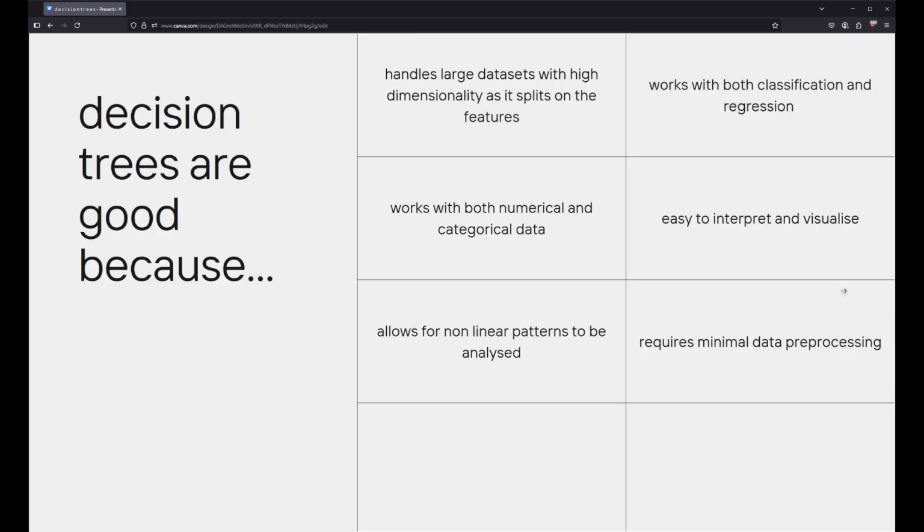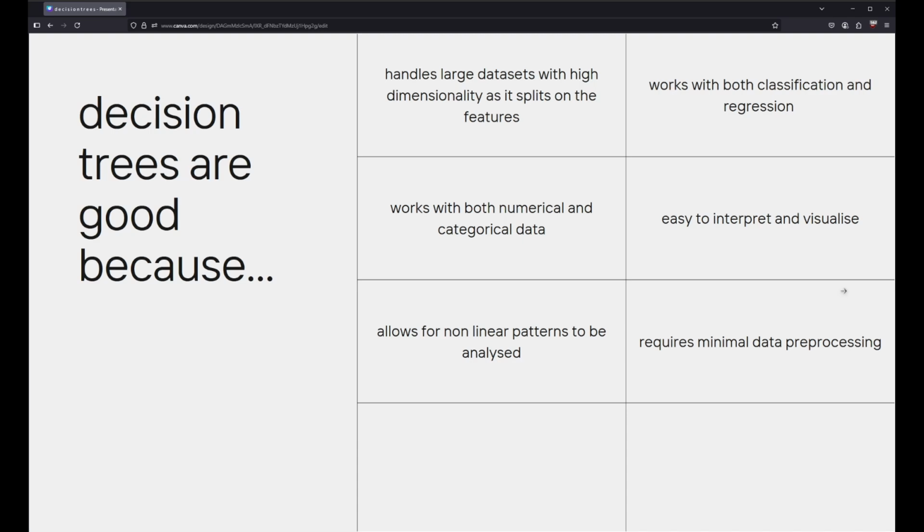Now, decision trees are quite good. As we saw in the previous few slides, we have easy to interpret and visualize trees that we can use, which makes it easier for us to find better parameters for training. They handle large data sets with high dimensionality as they split on the features.